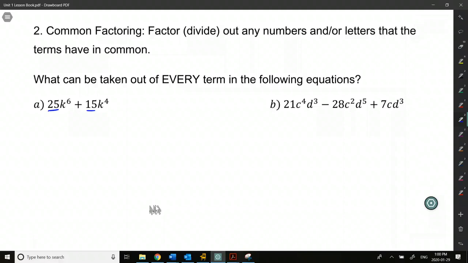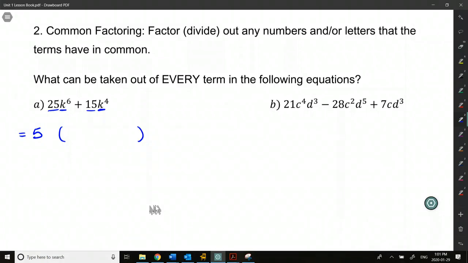What is something I can divide out of both of these? 5. So remember, guys, when I take out a common factor, that thing doesn't just poof and disappear into thin air. It goes outside of a set of brackets. So we actually take that common factor out and we put it outside a set of brackets. And let's look at the variable part. What is the most k's I can take out of 6k's and 4k's?